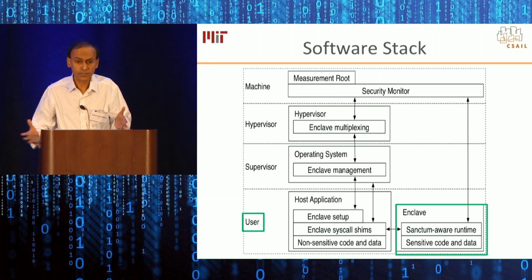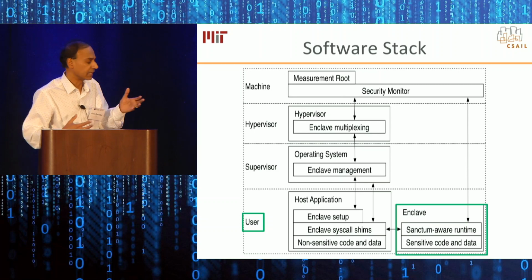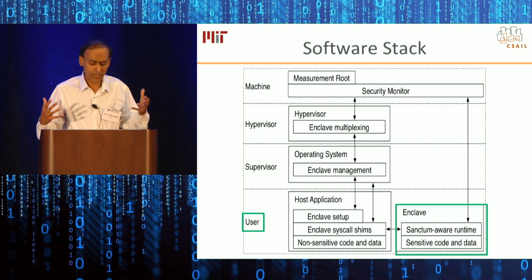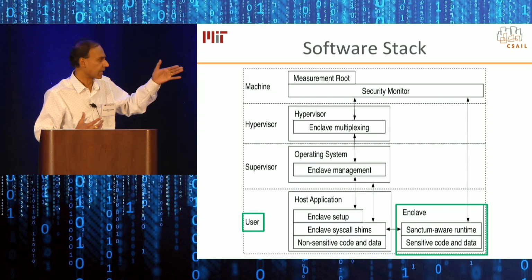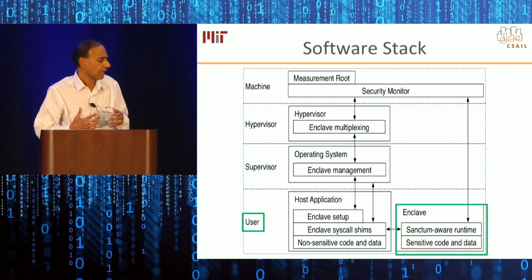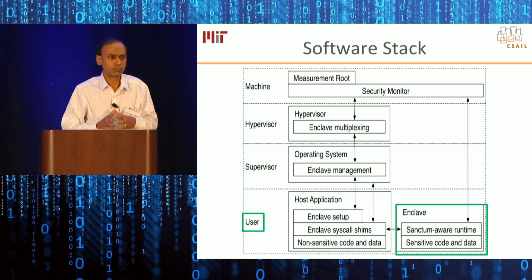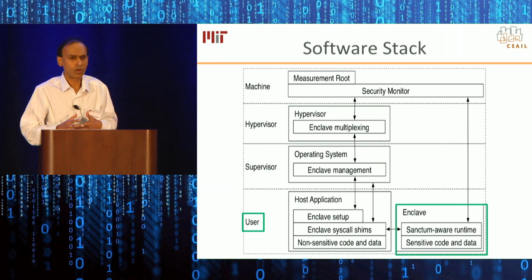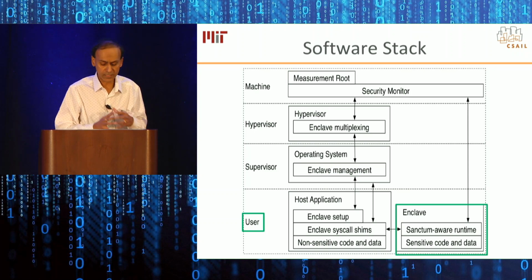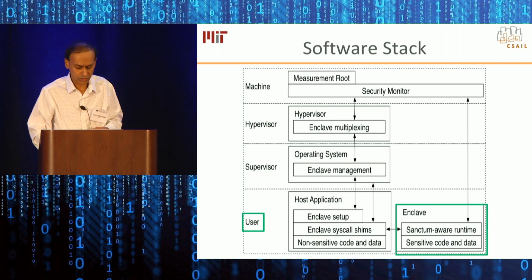So it's based on the RISC-V, and you also had a talk on the RISC-V yesterday. And so RISC-V has this particular, and Sanctum has this particular software stack. And essentially what you see here is what you trust is the hardware, and what you trust is the enclave, which is really the code that corresponds to the victim code, if you will. You need to trust yourself.